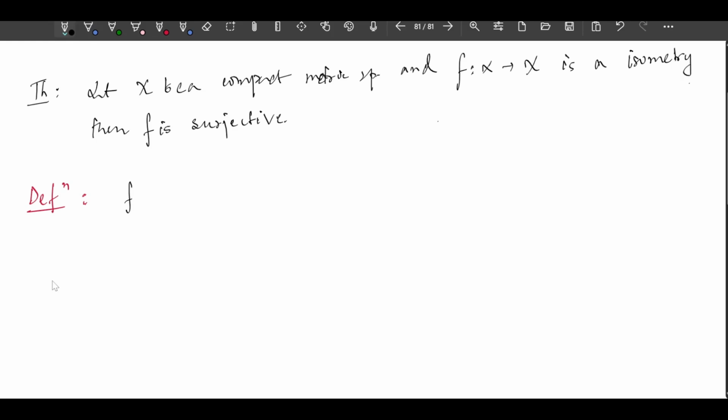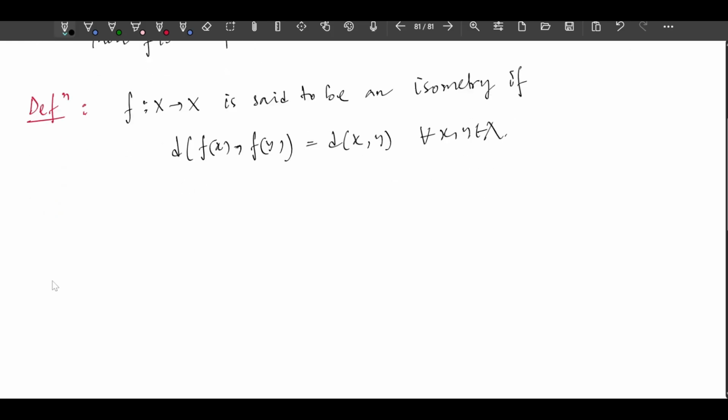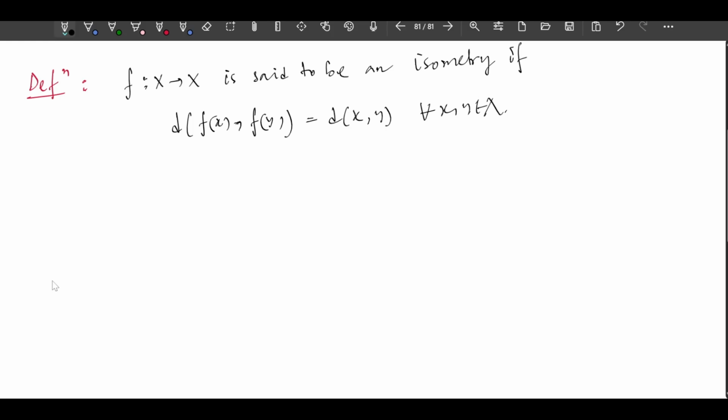Let X be any metric space, and F from X to X is said to be an isometry if it satisfies distance of F of x comma F of y equals distance of x comma y for all x, y belongs to X. Now from here it is clear that F is Lipschitz, right?